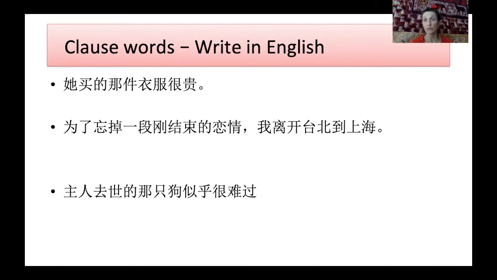The clause words. It might be that, it might be who, it might be where. So if you would 暂停视频下 and 试试做 and then I'll show you the answers.